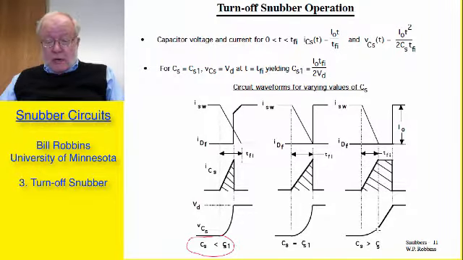Notice that in this situation we are delaying the length of the turn-off transient, and thus we're going to have excessive power dissipation.